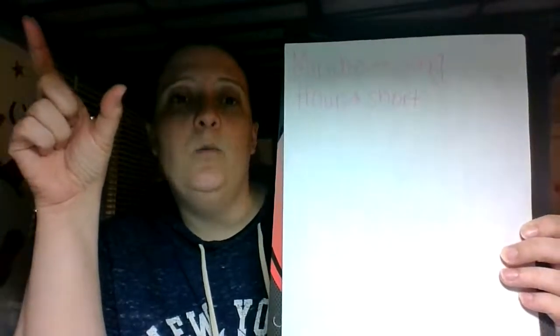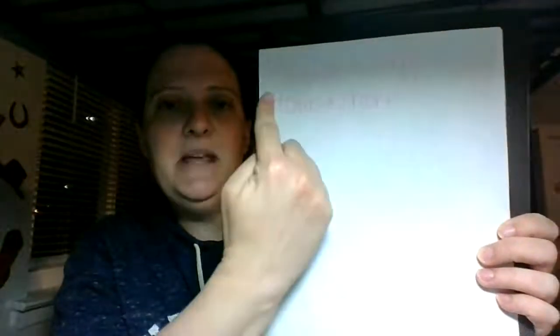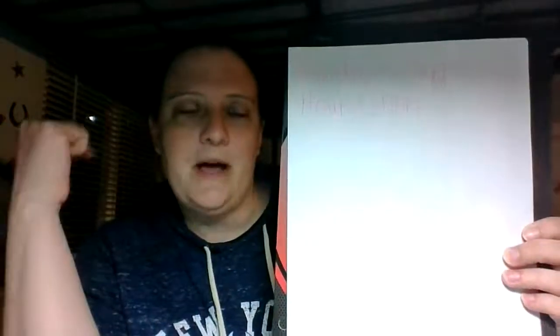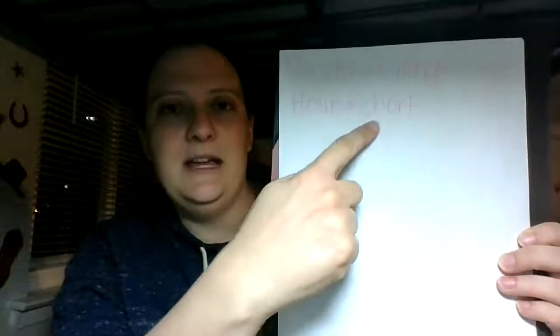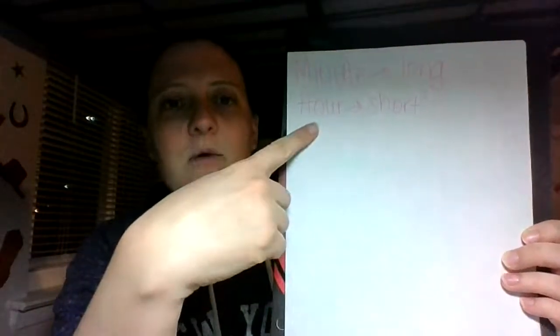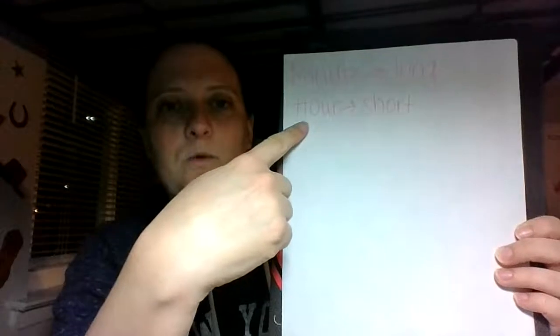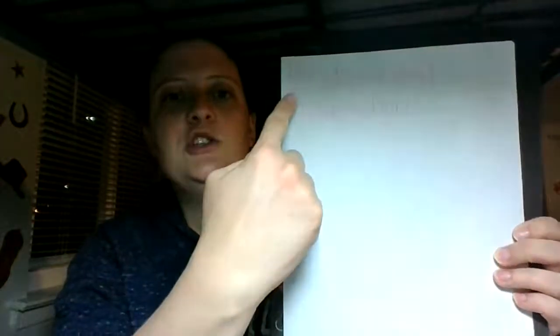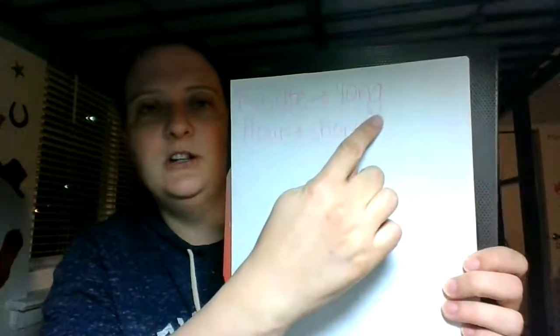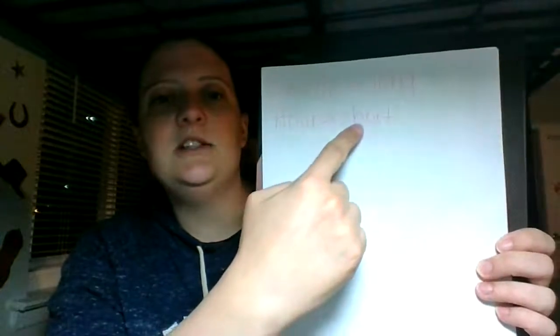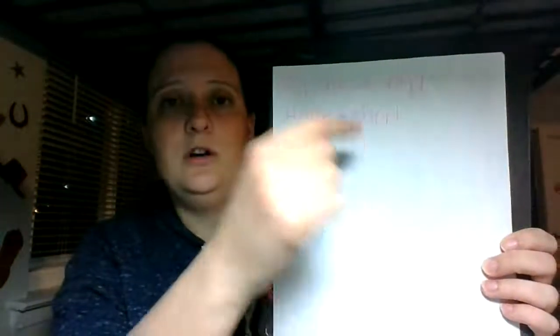One way to remember this is minute is a long word. The short hand is the hour hand, because hour is a short word. So minute is a longer word, so it's the longer hand. Hour is the short word, so it's a shorter line. I realized that was probably backwards. Sorry, guys.